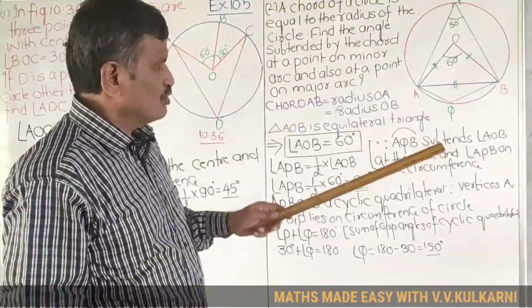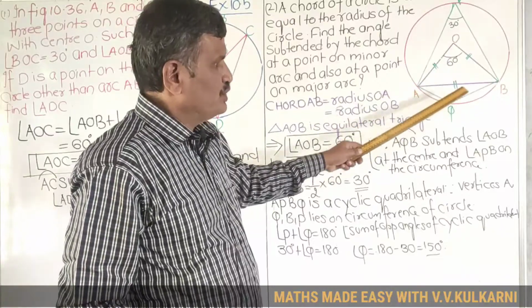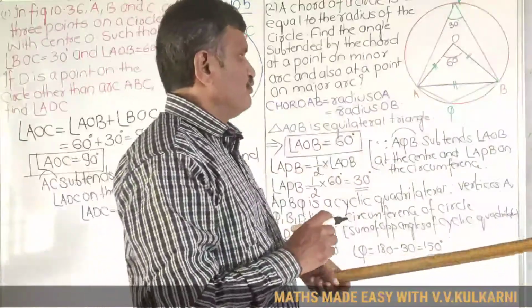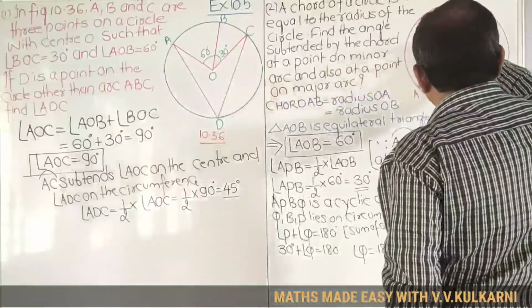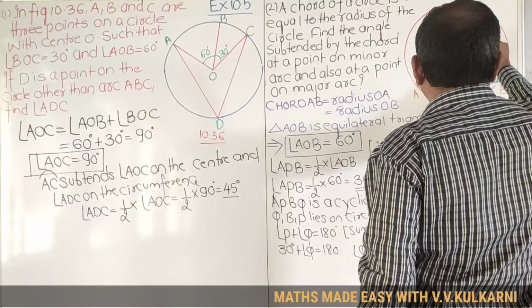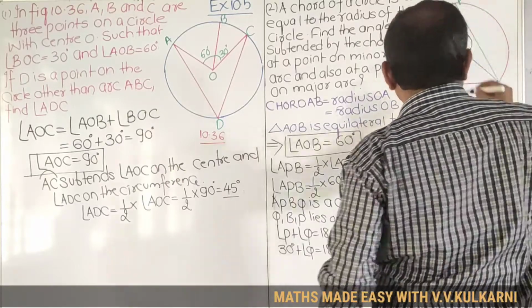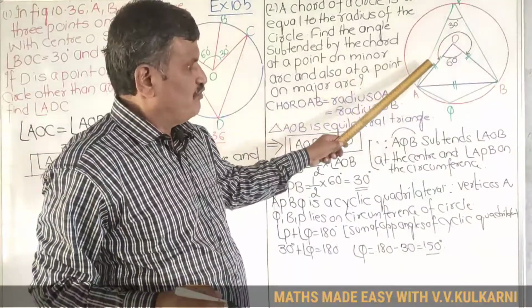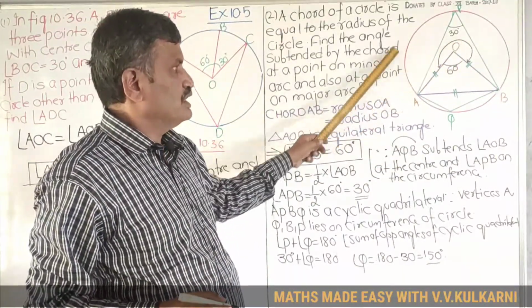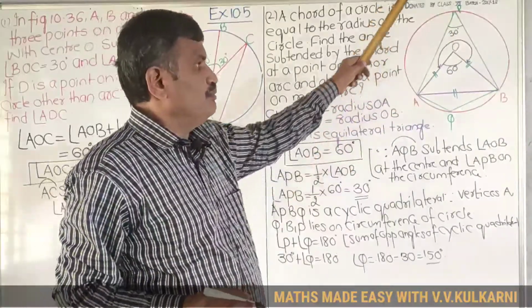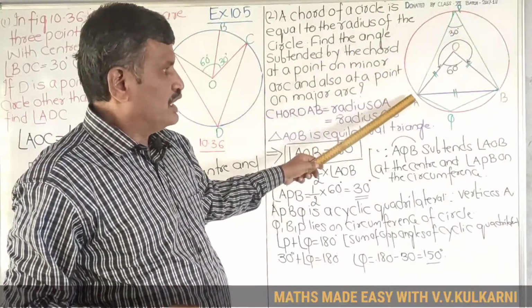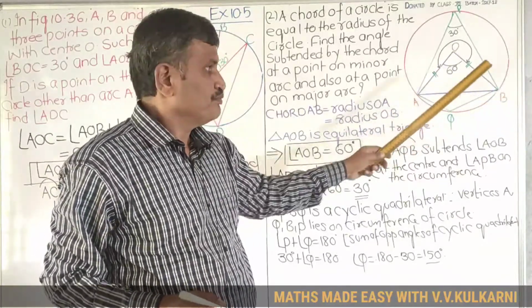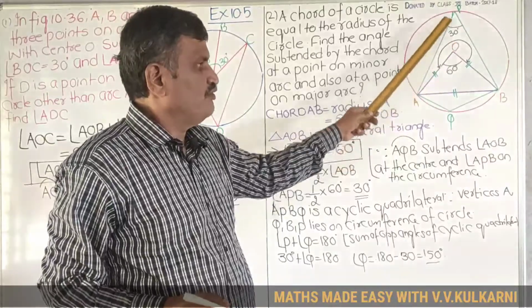Or there is one more method. The measure of angle AQB will be equal to half the reflex angle of AOB, because this is a major arc. A major arc makes an angle on the circumference, AQB, and at the center it makes reflex AOB.